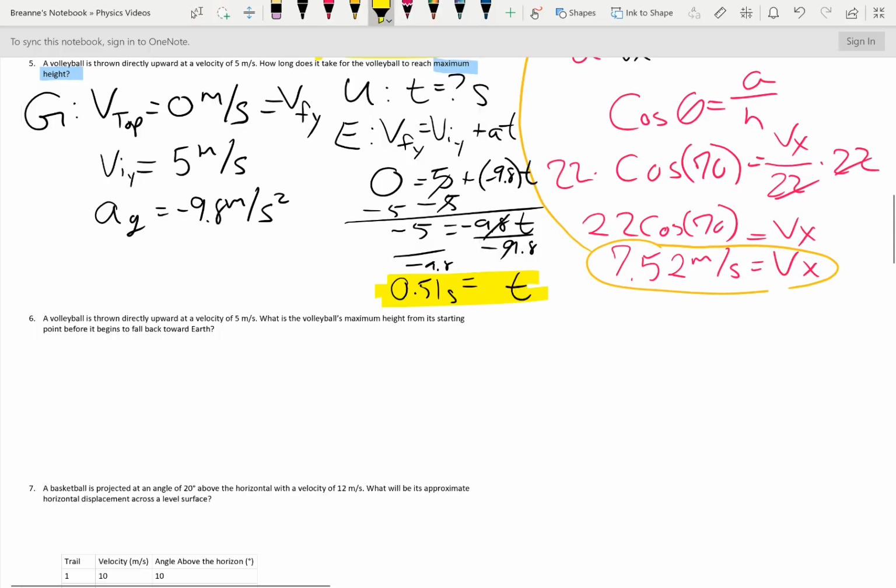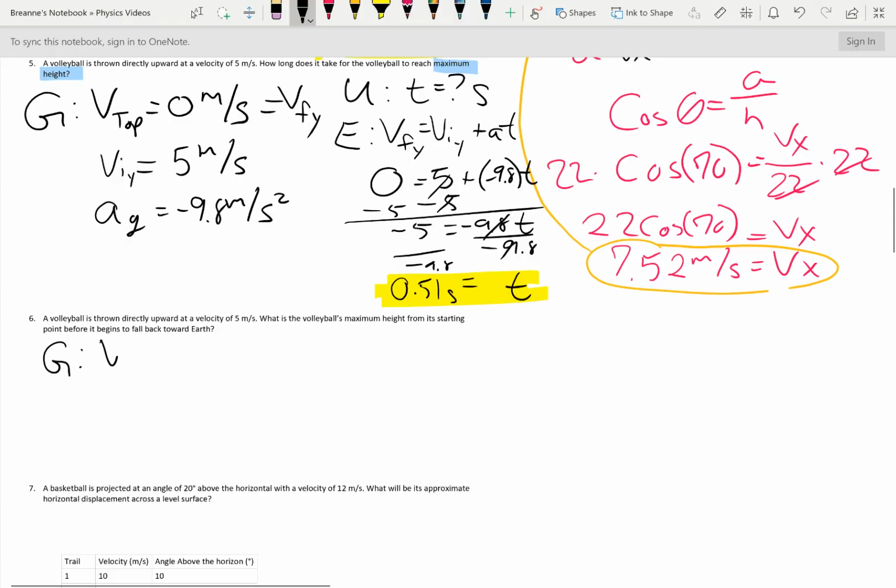So now number 6. A volleyball is thrown directly upward with a velocity of 5 meters per second. What is the volleyball's maximum height from its starting point before it begins to fall back down to earth? So I have the same exact givens.